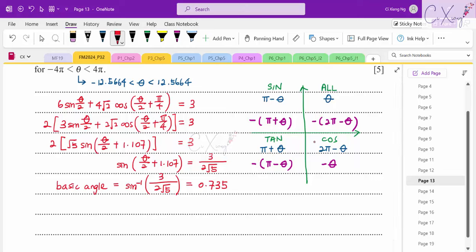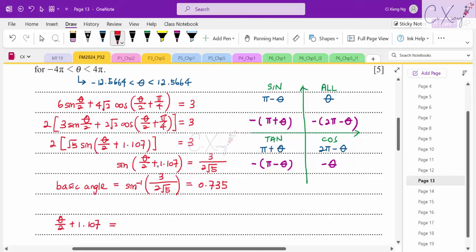Now let us try to find out the answer. You should know that because I take the sine over and it becomes sine inverse, the bracket I left in the sine is this one. So the answer that I'm currently getting is theta over 2 plus 1.107.